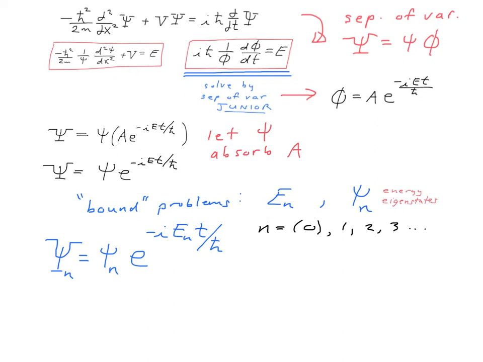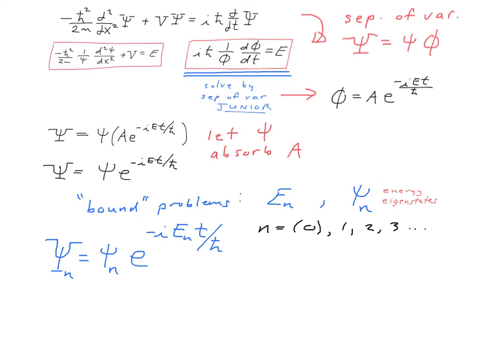So if you have a particular E sub n, a particular separation constant, we'd have it here and we'd have it here. This time-independent Schrödinger equation, which we haven't solved yet, but if we knew the potential energy function, we could get the corresponding psi sub n, the energy eigenstate corresponding to energy E sub n, but there would also be a corresponding value of phi that would solve this equation with E sub n here as the separation constant.